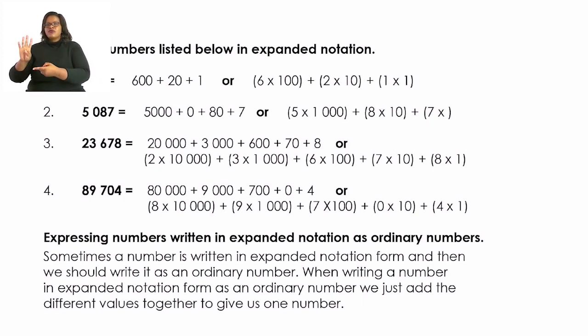And if we use the multiplication part, then we say 8 times 10,000, which is equal to 80,000, plus 9 times 1,000, which is equal to 9,000, plus 7 times 100, which is equal to 700, plus 0 times 10, which is equal to 0, and 4 times 1, which is equal to 4. So this is where they give us the number, and they want us to write it in expanded notation.